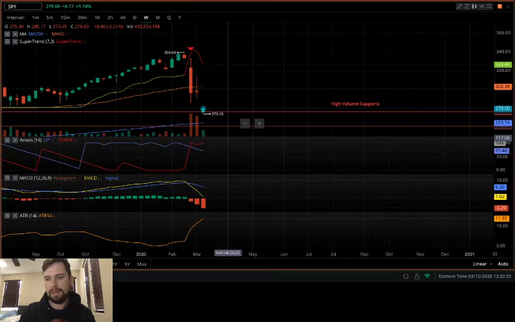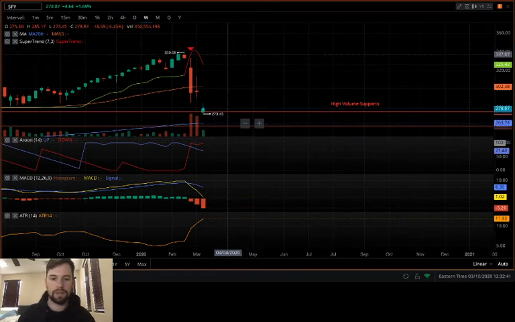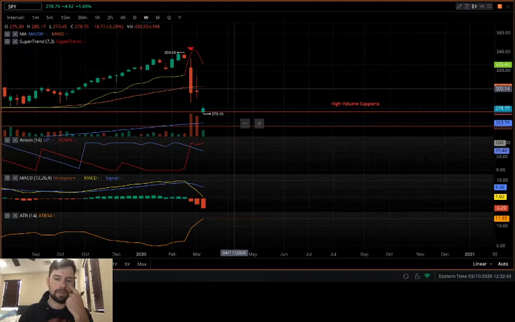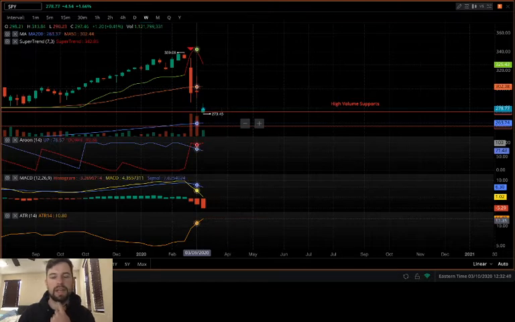So maybe stops should be somewhere around 282, 283. And then your take profit should be somewhere around 267. And then after that, you should be looking for a new re-entry, a new short position, preferably when the RSI is overbought again.